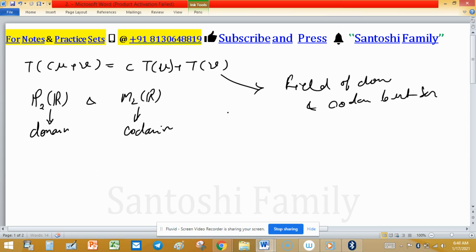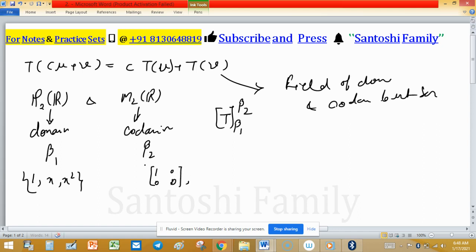First write the linear transformation T in matrix notation. So we need a basis of the domain and codomain. I call the basis for the domain beta 1 and the basis for the codomain beta 2. Beta 1 is {1, x, x square}, and beta 2 is the set of matrices [1 0; 0 0], [0 1; 0 0], [0 0; 1 0], [0 0; 0 1], the standard ordered basis of M2R.